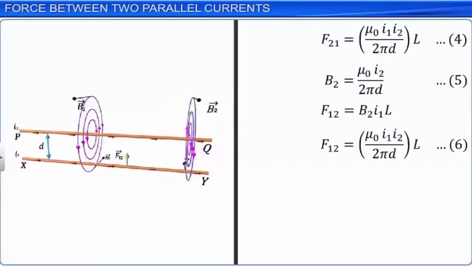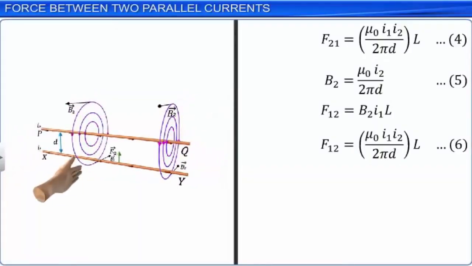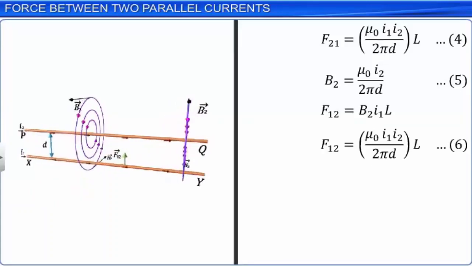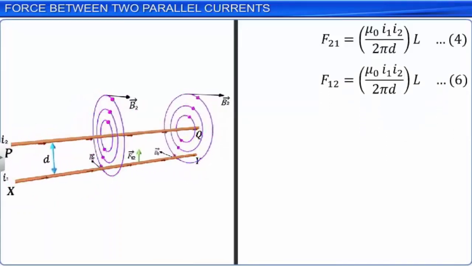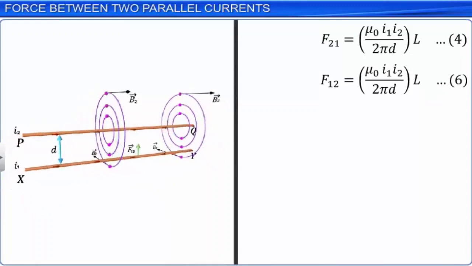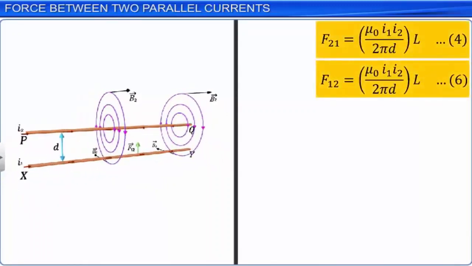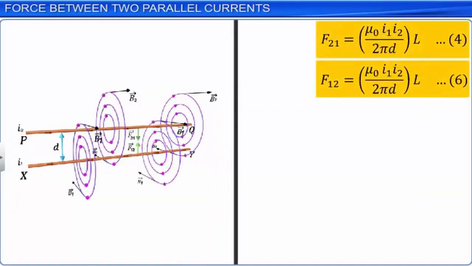The direction of this force can be found by using Fleming's left-hand rule, and the force acting on the conductor XY is towards the conductor PQ. When you compare equations 4 and 6, you realize the two forces, F21 and F12, are equal in magnitude but act in opposite directions towards each other.